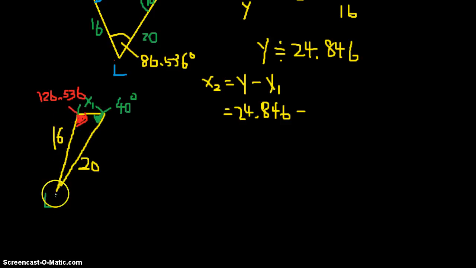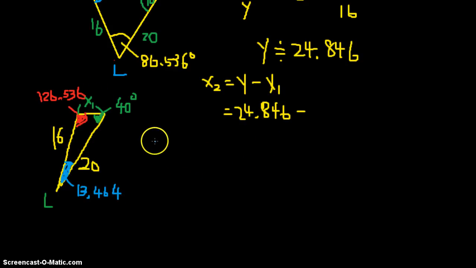And the original distance is 20. So now if I know this is 40, and this is 126.536, I can find this blue angle right here. And that is going to be, on the calculator, 180 minus the other two angles, so that angle will be 13.464. And what we have to find now is my x1, the distance over there.